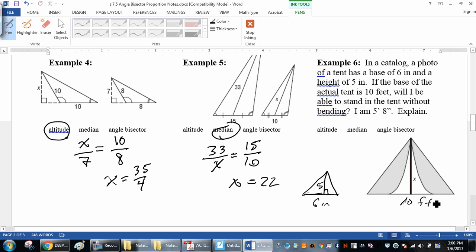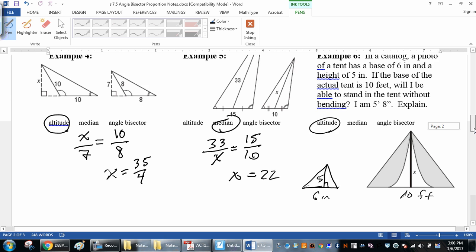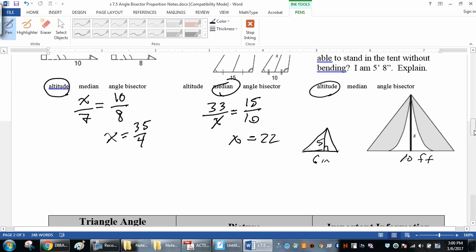Will I be able to stand in the tent without bending? And I'm 5'8". First of all, we know it's an altitude because the height makes a right angle. So we set up our proportion. It's okay that this is in inches here and feet here. That's fine, because it's consistent with our ratios. So we set it up like this: 5 over x equals 6 over 10.